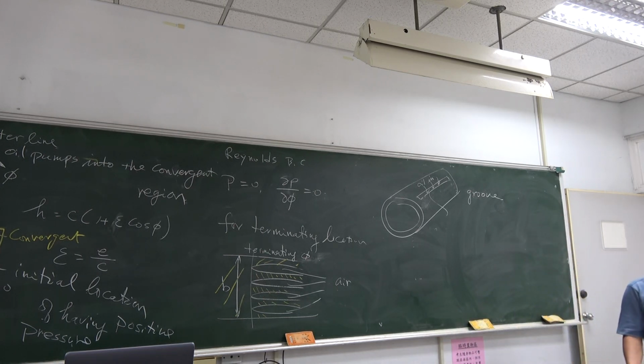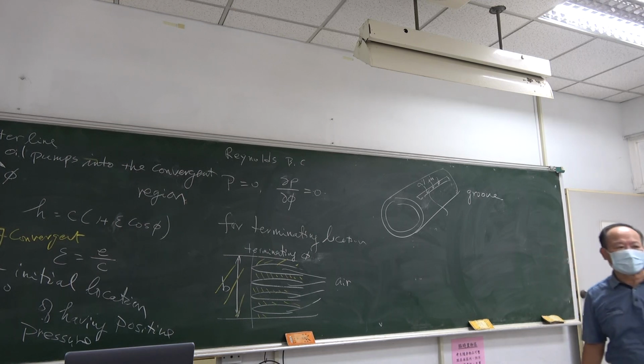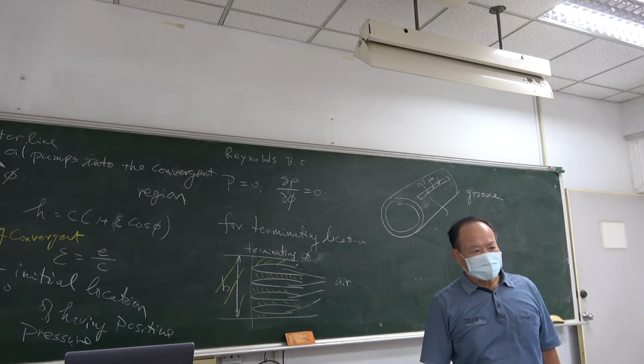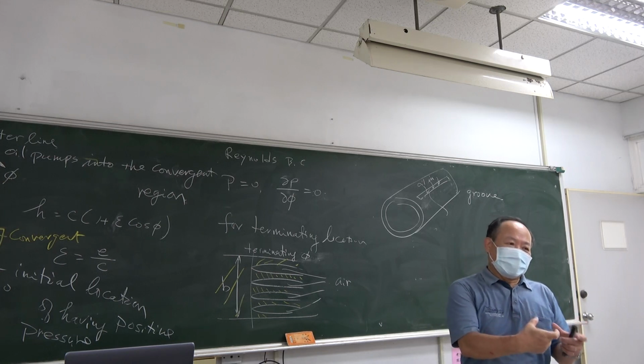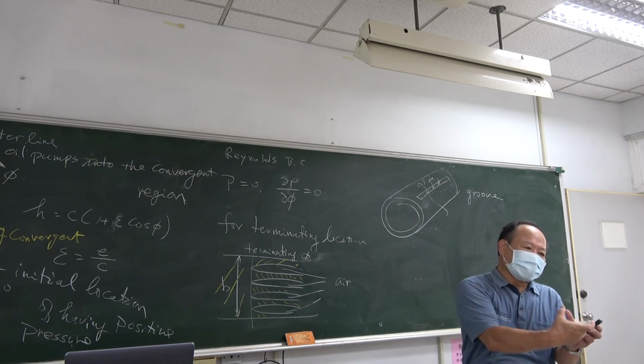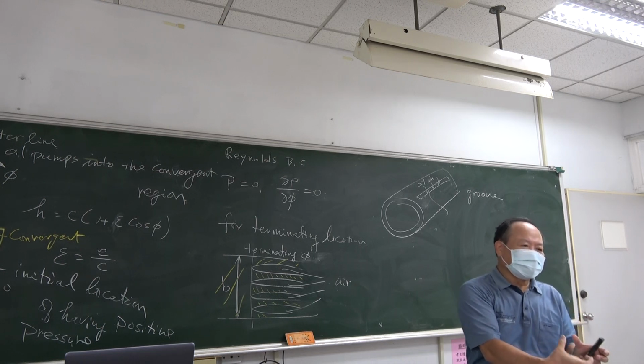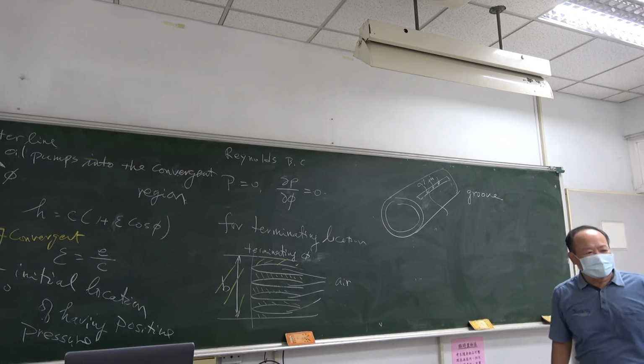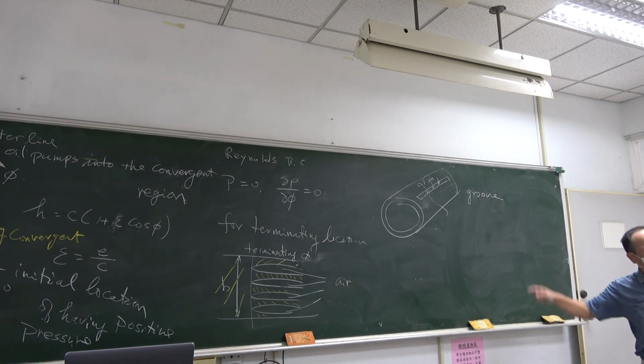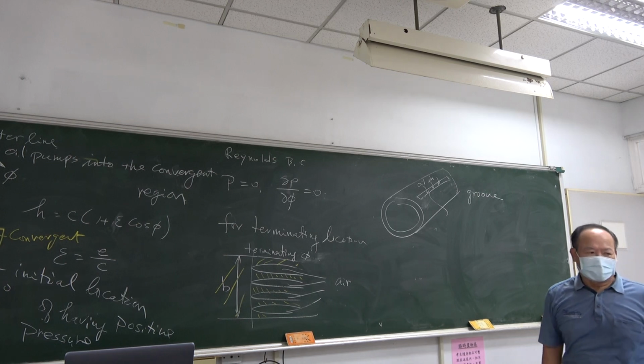A lot of problems in factories happen in this kind of situation. That's because of your load, your load direction, and the projection of the entrance of the oil pump into the convergent area being something wrong. So in this case, now.